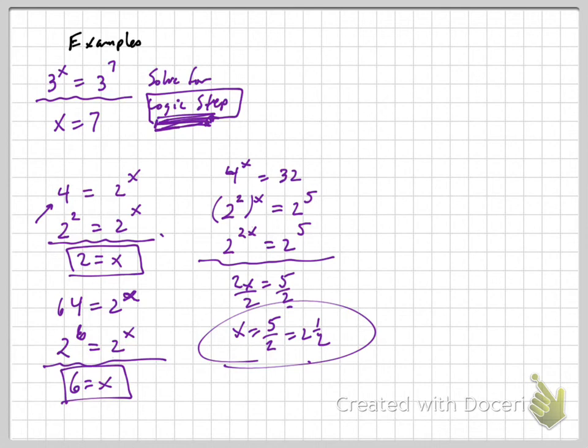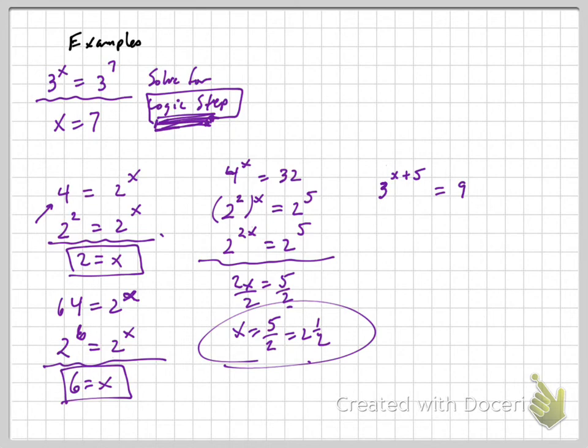Okay, so if there's any properties of exponents, you've got to go ahead and do them. So let me make up one more, and then I'm going to show you some other examples that we're about to do. So if I had 3 to the x plus 5 is equal to 9, then I need to try to match these so they have the same base.